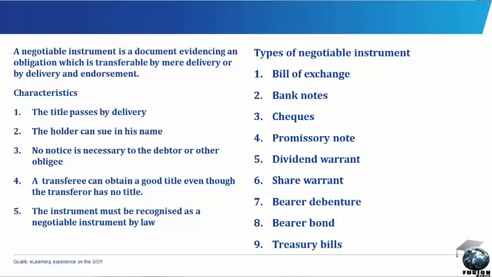The drawer is the person who makes out the bill, signs, and issues it. The drawee is a person to whom the bill is addressed and who, after acceptance, is called an acceptor. The payee is a person to whom the money is paid. The endorsee is a person to whom the order bill is endorsed.